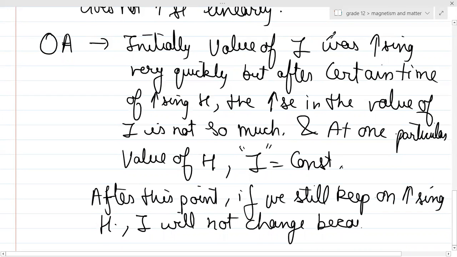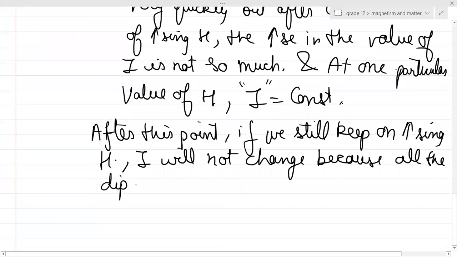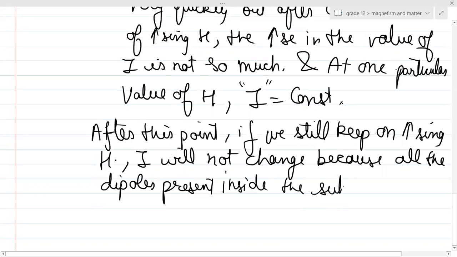Because all the dipoles present inside the substance have been aligned.